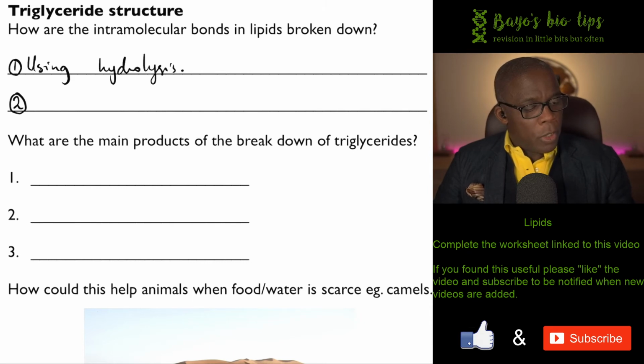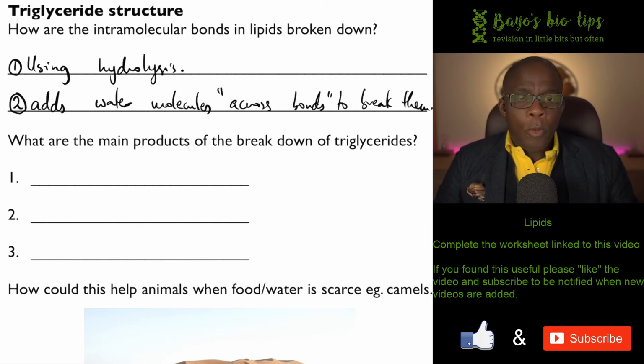And how does that work? It adds water molecules across bonds to break them.